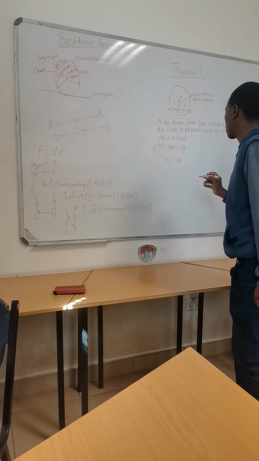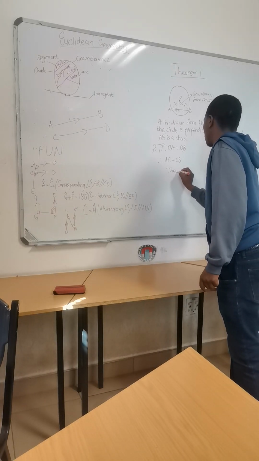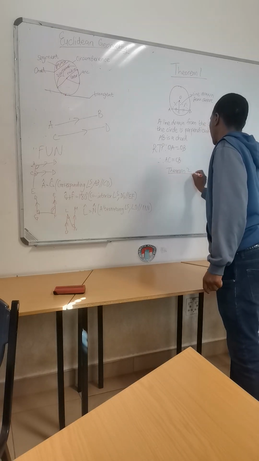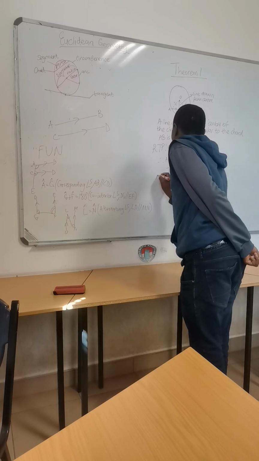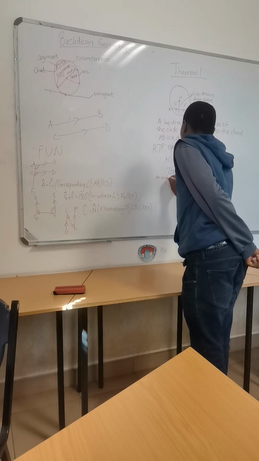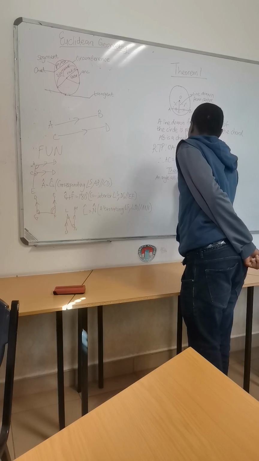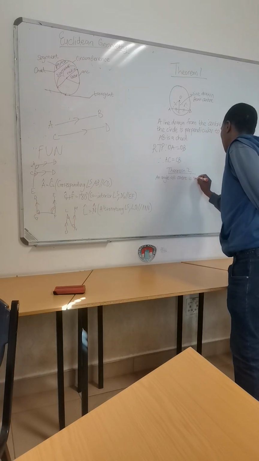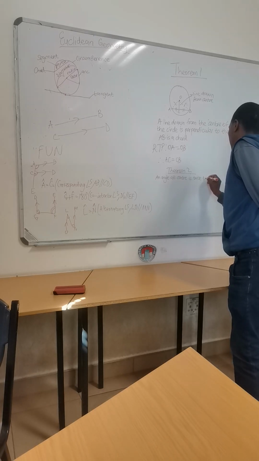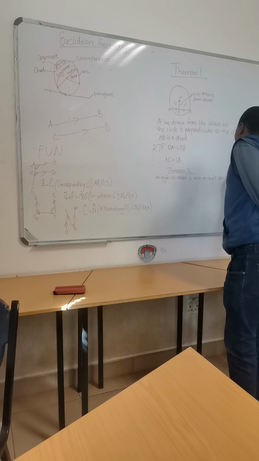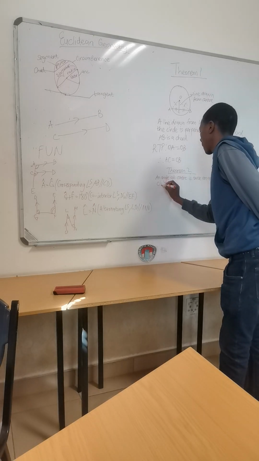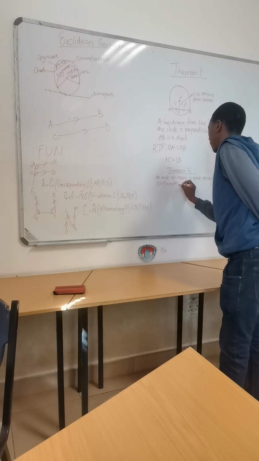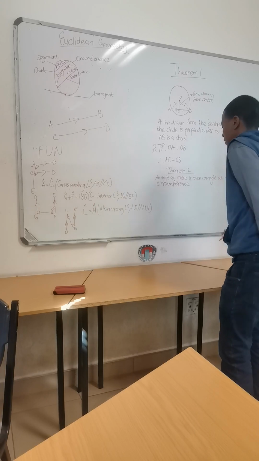And then theorem 2. When we refer to theorem 2, it says an angle at the center is twice an angle at the circumference. This is what we are talking about.